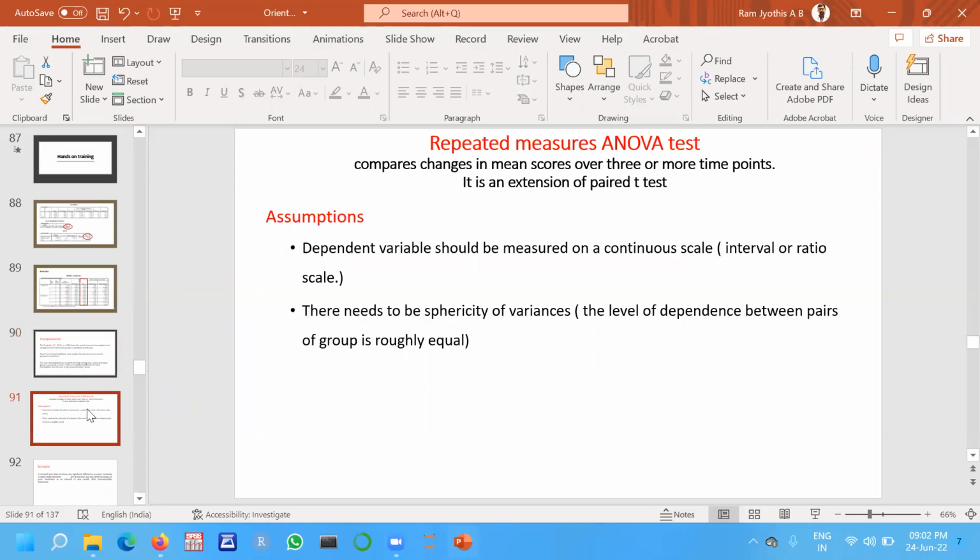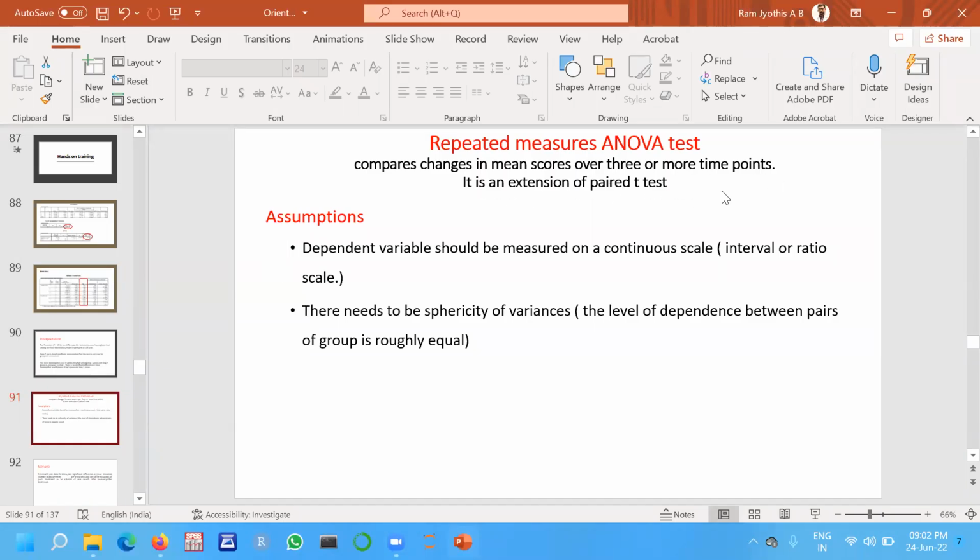Now let us see the next one, that is the repeated measures ANOVA test. In this repeated measures ANOVA test, what you have to see is it compares the changes in mean score over 3 or more time points. That is an extension of the paired t-test.